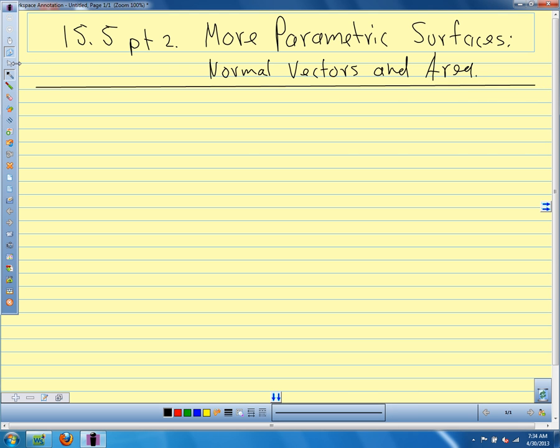So in chapter 14.5, we came up with a method for using a double integral to find the surface area of a surface.